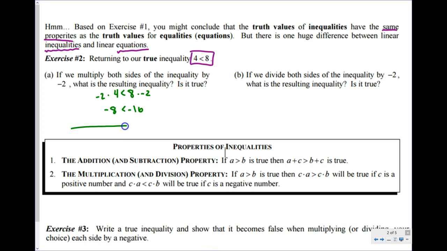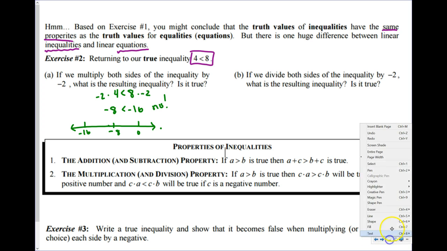If I draw a number line here, negative 16 is way down here, and sorry, let me redo that. Negative 16's here, negative 8 is like here. Negative 8's greater than negative 16, so no! It's not true at all.